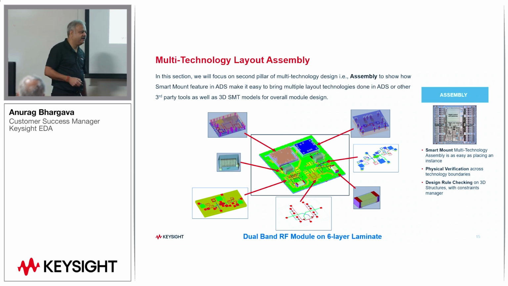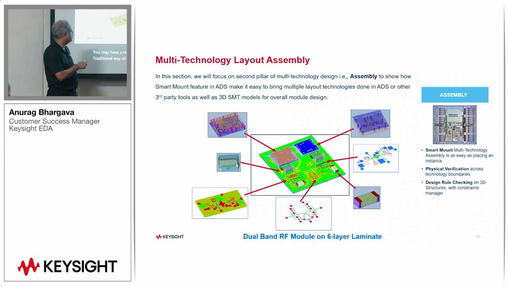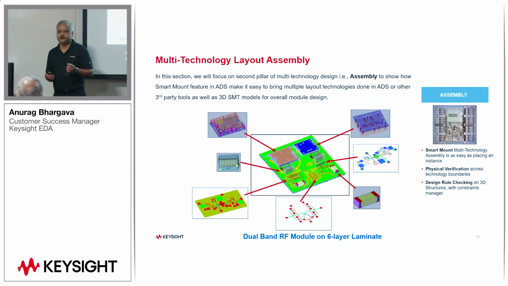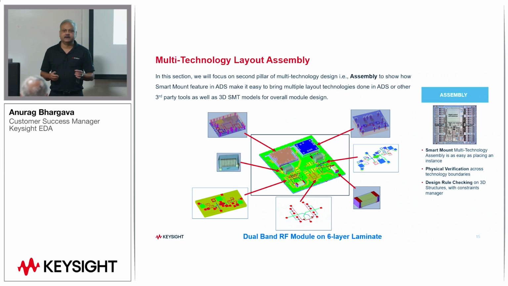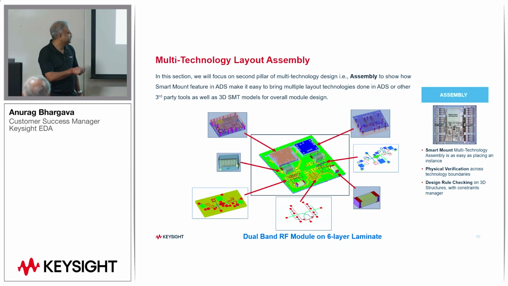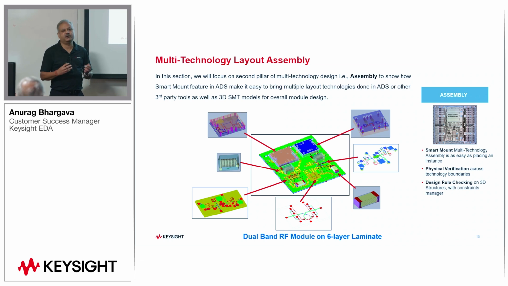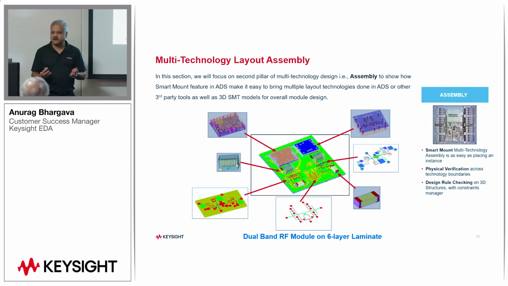So the traditional way of doing designs for all these components is to simply use the vendor supplied circuit models, right? But in case of modules, that's not sufficient. Well, you can of course do that. That's a good starting point. You would really like to have the 3D models of these SMT components and really simulate those 3D models. That will allow you to capture the coupling between elements.